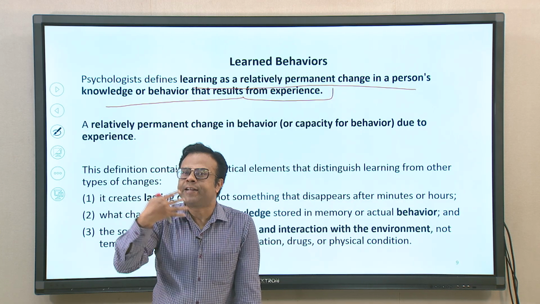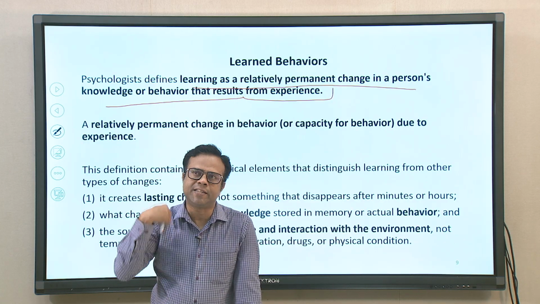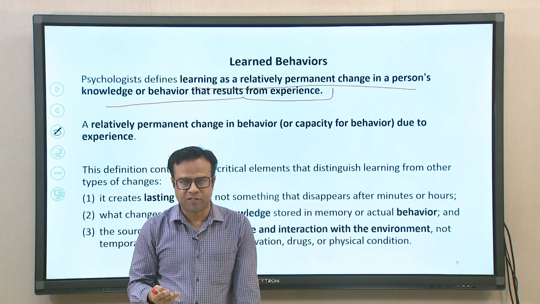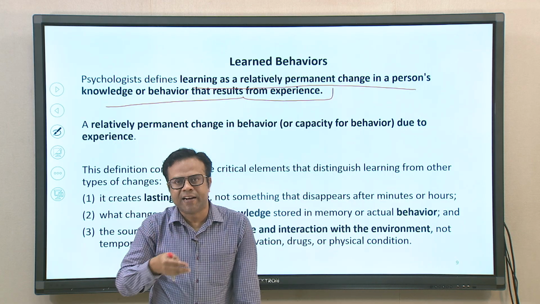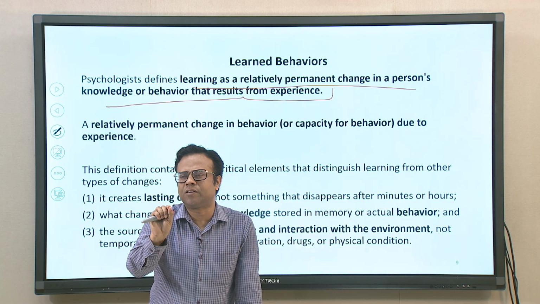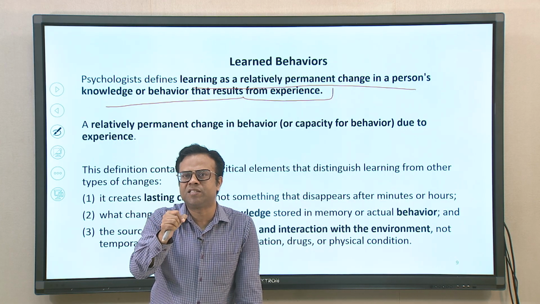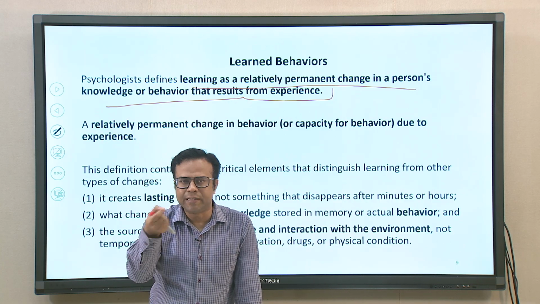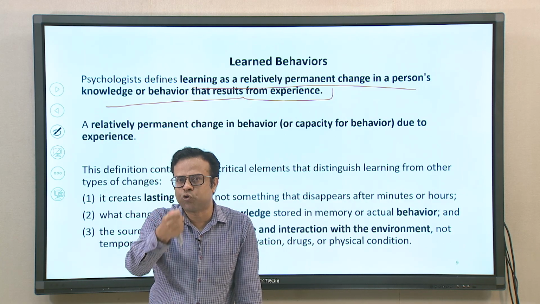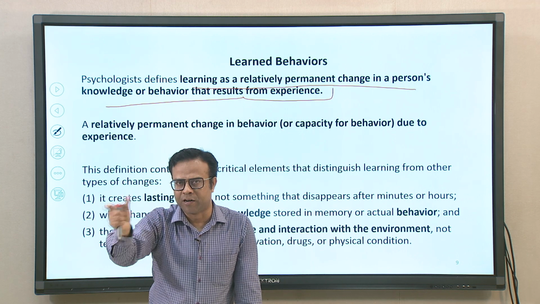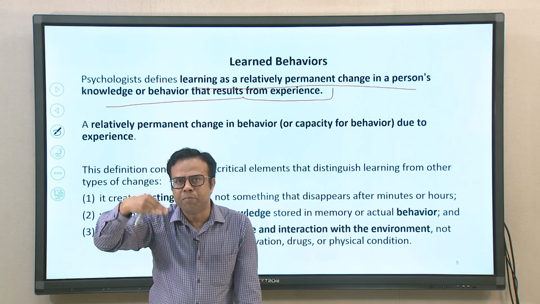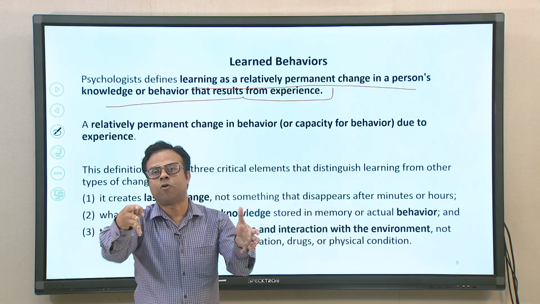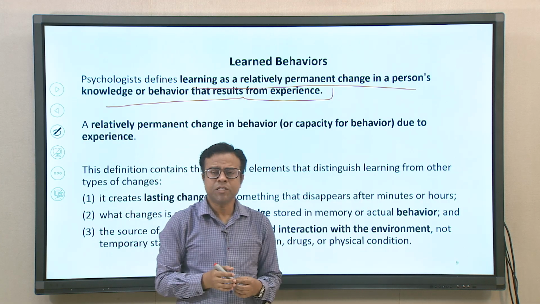So, we interact, we experience so many things, as a result we learn, and so many changes happen within us. And if those changes are very temporary, I cannot say that is learning. It has to be relatively permanent, like imprinted in our system for a longer period of time, then we can call something learning.